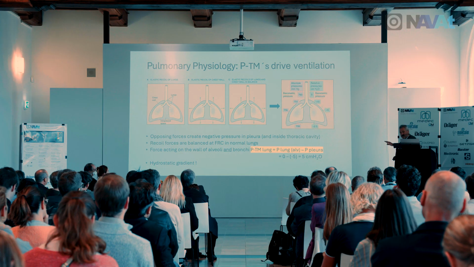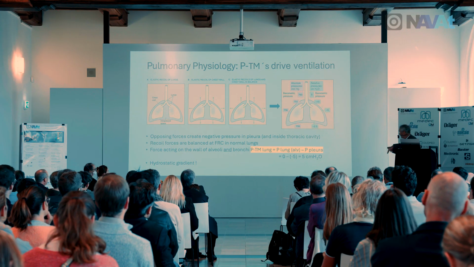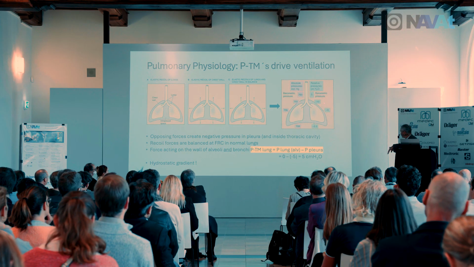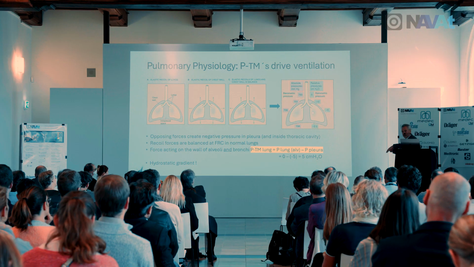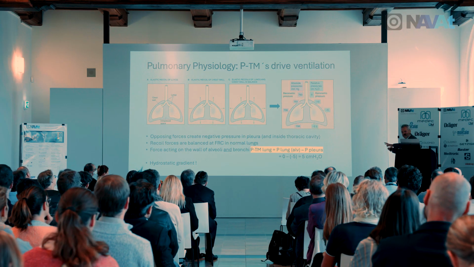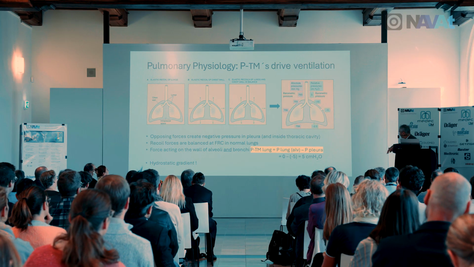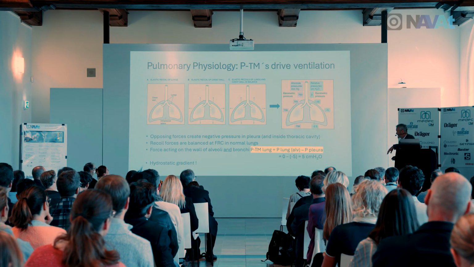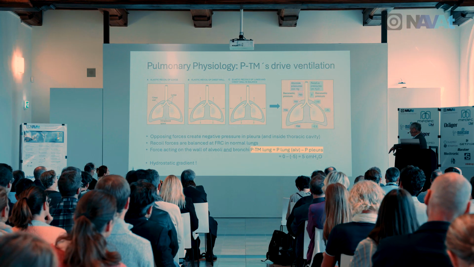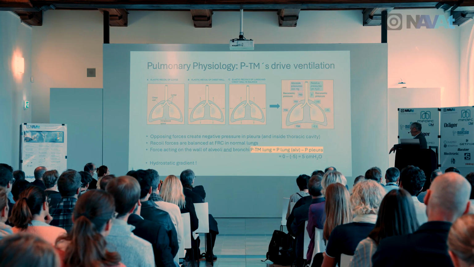And transmural pressure for the lung is not, as was already indicated, the difference between the outside world, the atmosphere, and the inside of the lung. No, it's the difference between the inside of the lung, alveolar pressure, and the pressure prevailing on the outside of the lung. So, alveolar pressure minus pleural pressure.